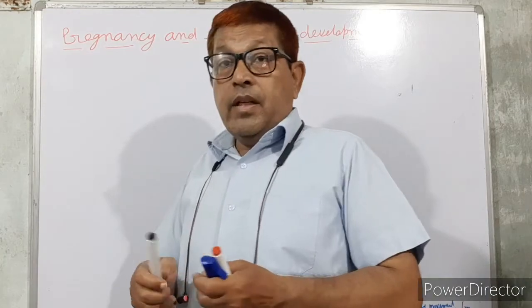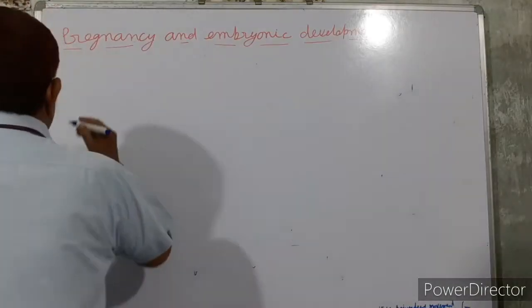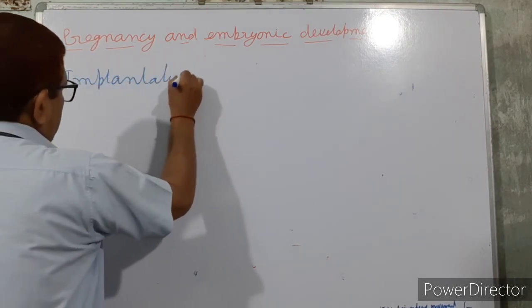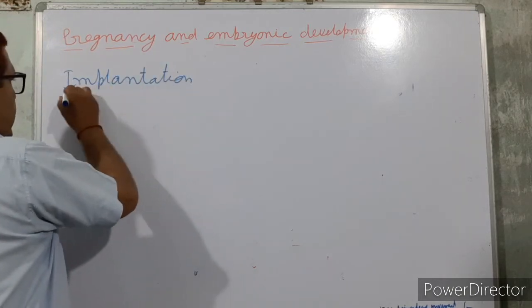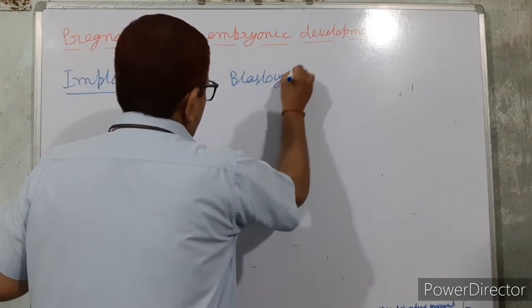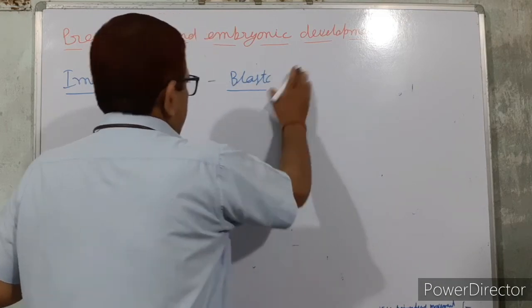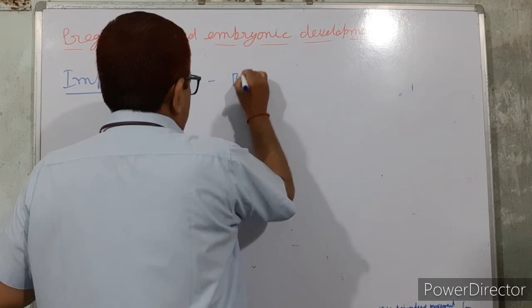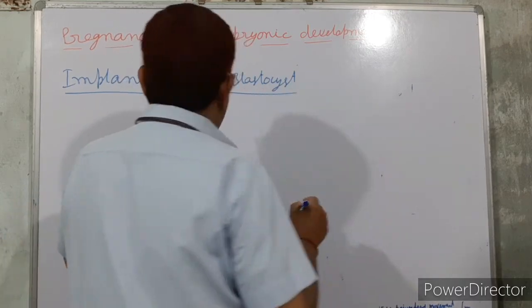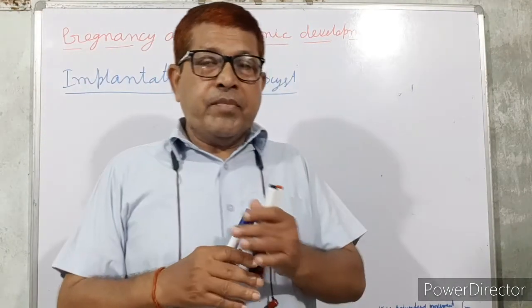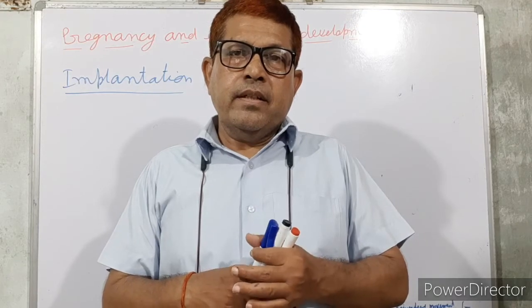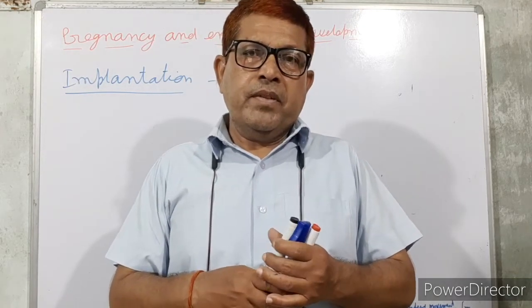In implantation, the blastocyst is embedded in the endometrium of the uterus.